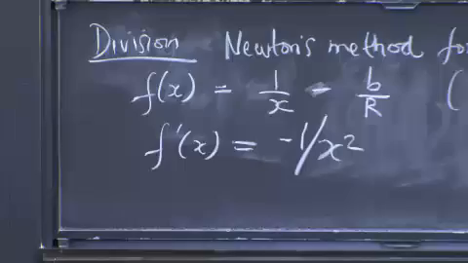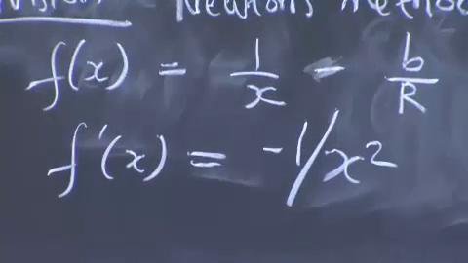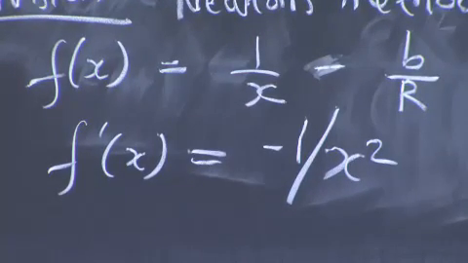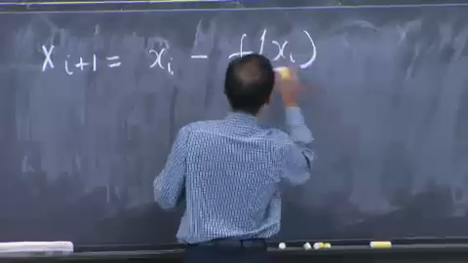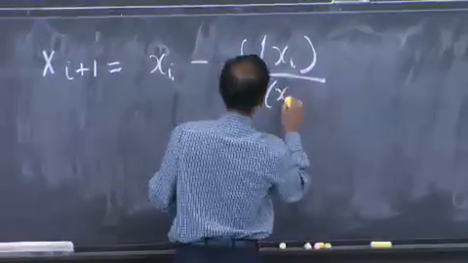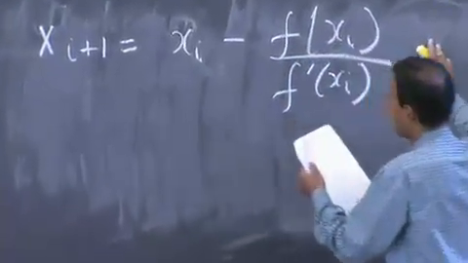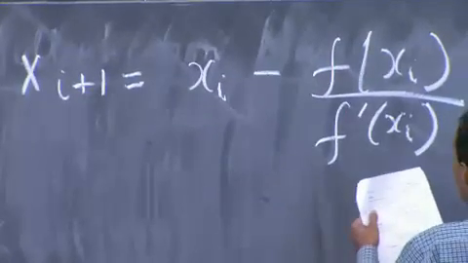And we needed the derivative to compute that. But bottom line, you have xi plus 1 equals xi minus f of xi divided by f prime of xi. Right? So that's the Newton iteration.